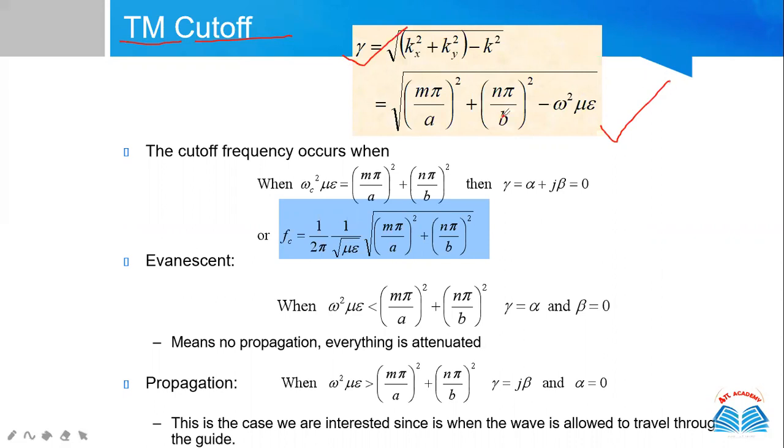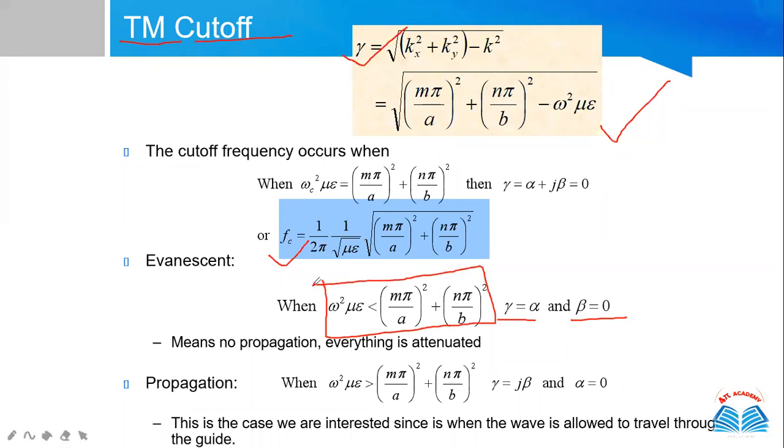Second one is the cutoff frequency. So the formula for cutoff frequency will be this one. Remember this formula: fc equals 1 upon 2 pi, 1 upon square root of mu epsilon, times the square root of (m pi over a) whole square plus (n pi over b) whole square. Again, if the condition is given that gamma equals alpha and beta equals 0, then we will use this situation for any question.